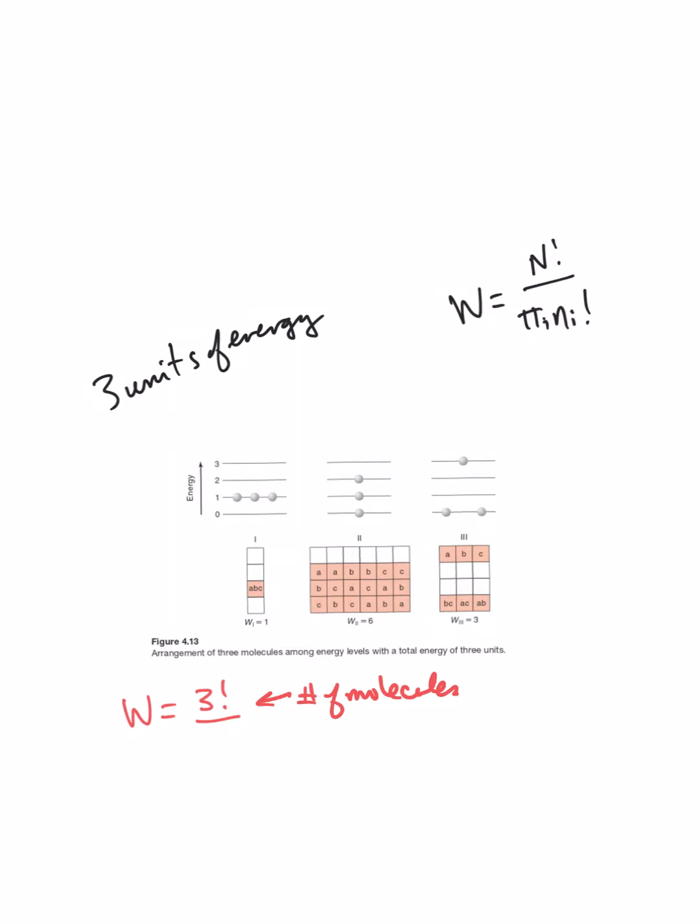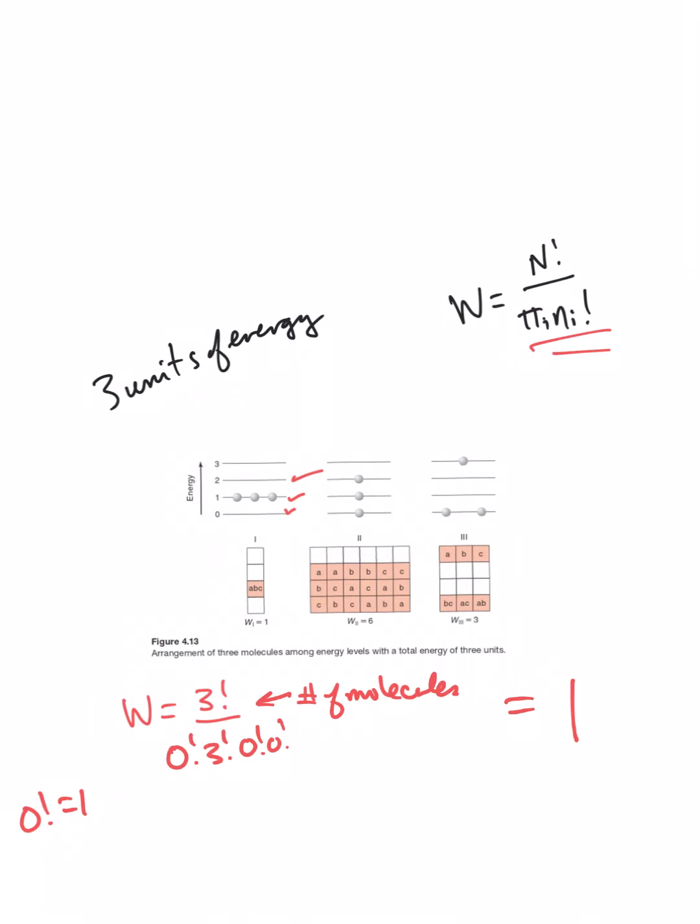And then you're dividing by a product of the populations of each of the individual states. So in the 0th level, this lowest level, that's 0 factorial. 0 factorial, by the way, is equal to 1. Then it's 3 factorial because that's the population of the level labeled 1. And then the next label is a 0. There's nothing in there, and it would go all the way up. But the point is, in this system, there's 1 microstate in which all 3 of the molecules are at the same energy level.